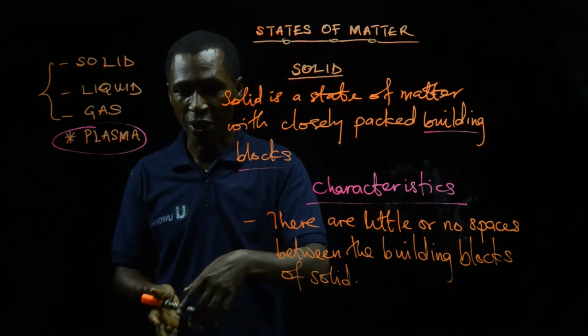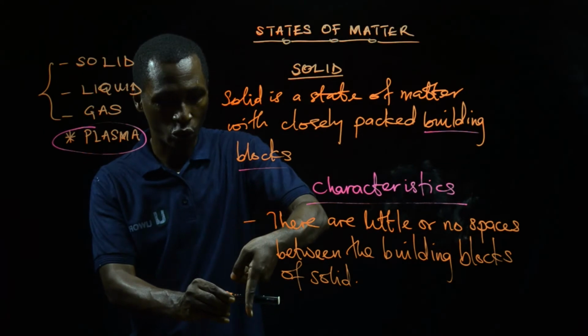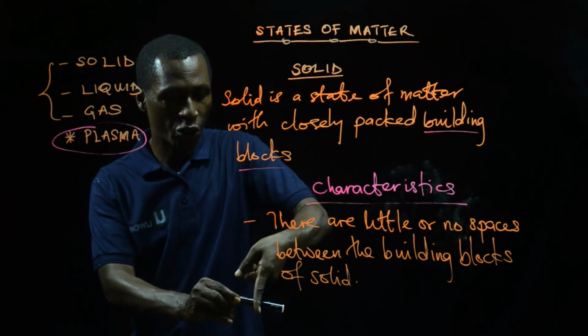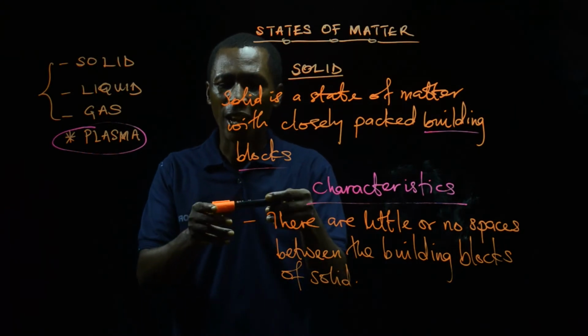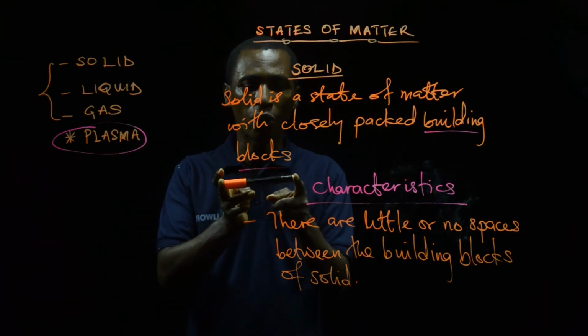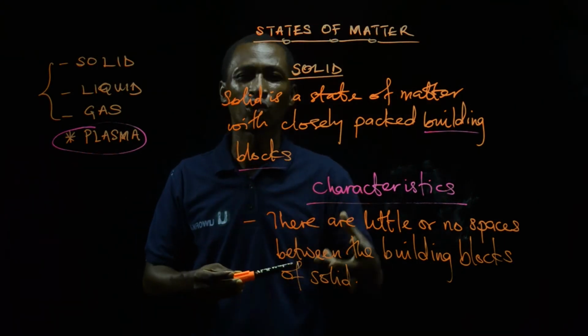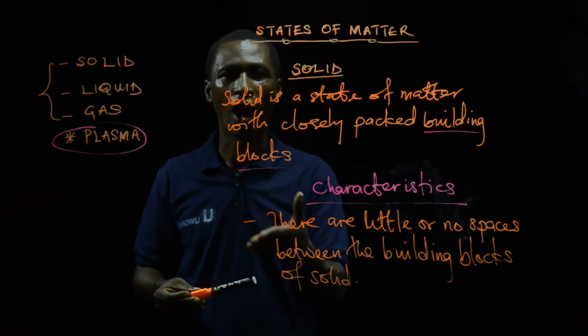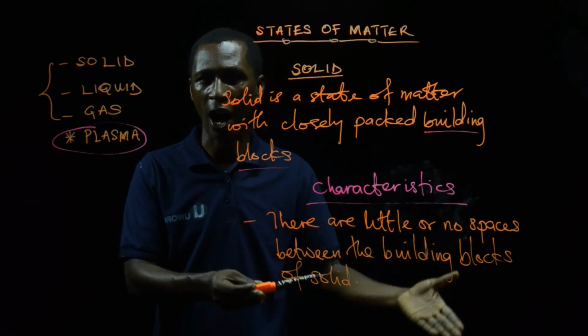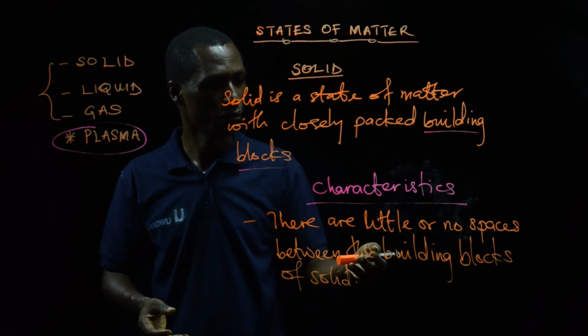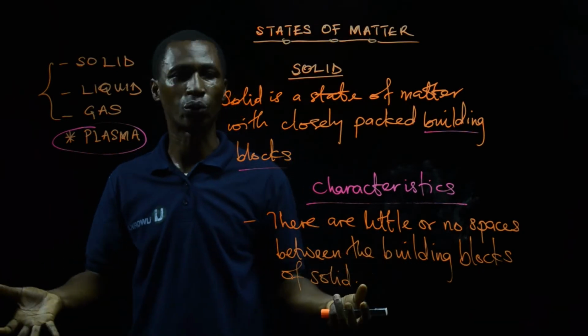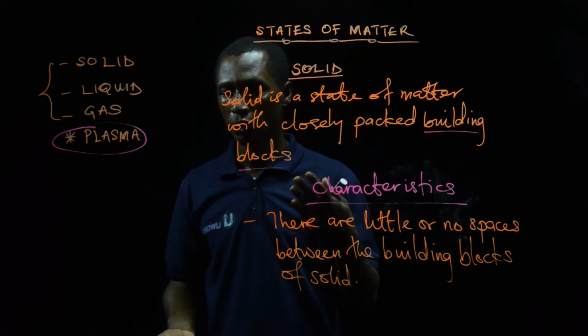But you can't use just a hand to partition this one into two, unless you use extensive force. So the spaces between the molecules of the marker I'm having are stronger than that of the cake palm oil. Or you can also talk of cream, normal cream we use, or toothpaste. Good. So that is one.